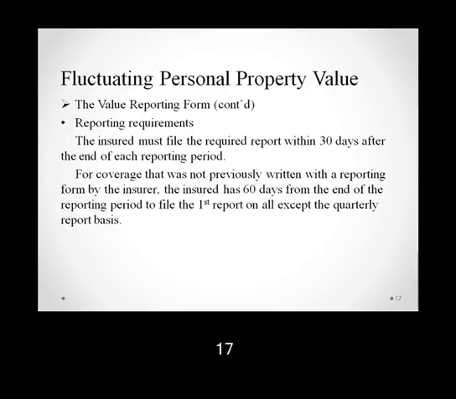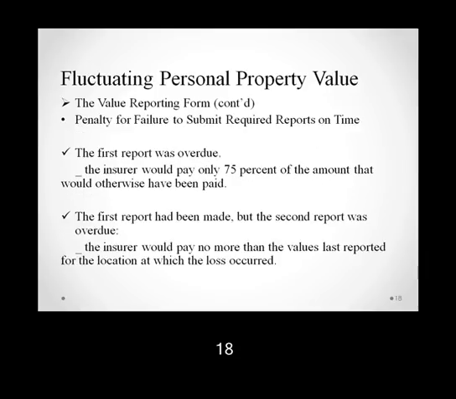So we said that you have to keep your report on a timely basis. If you fail to report the inventory on a timely basis, what are the subsequent penalties? If you do not do it on a timely basis, there will be two types of penalty.